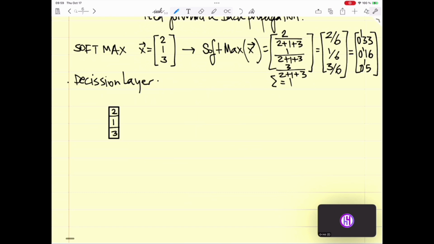Okay, so our first layer is going to be of 3 neurons, as I said.